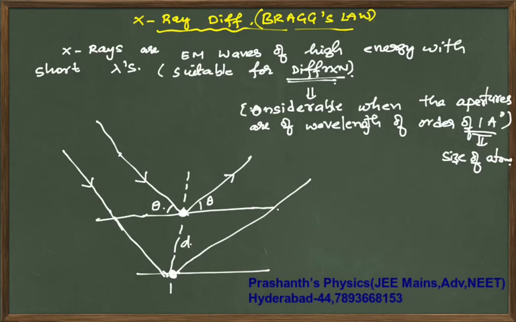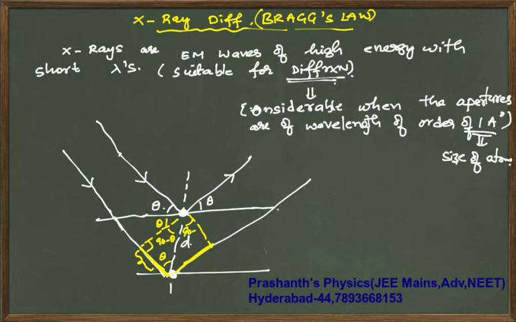If I drop two perpendiculars here, the path difference being traveled is this yellow color part. This angle is 90 minus theta, this is 90, this is theta.